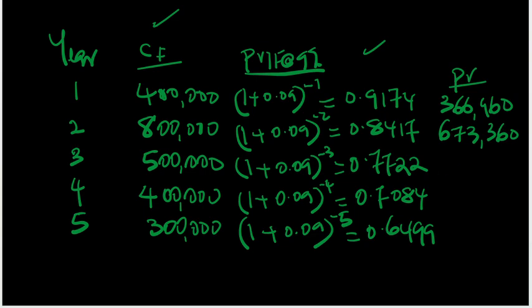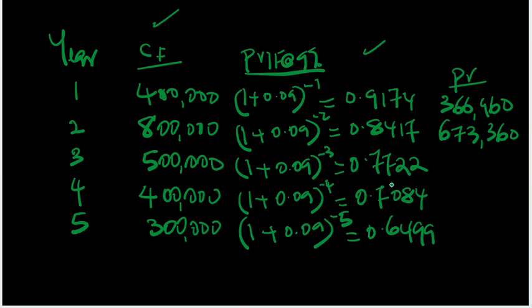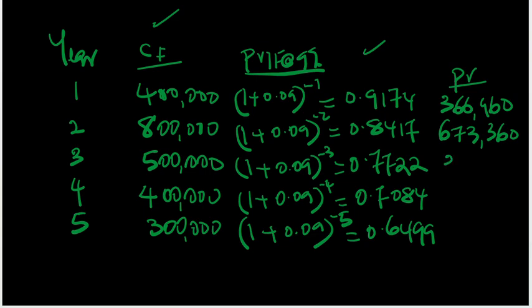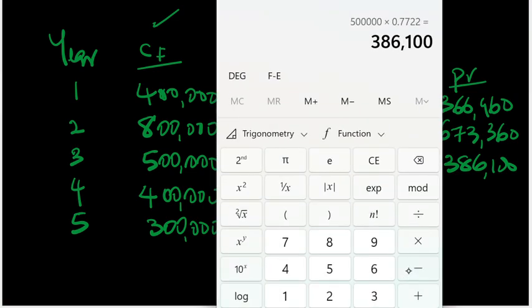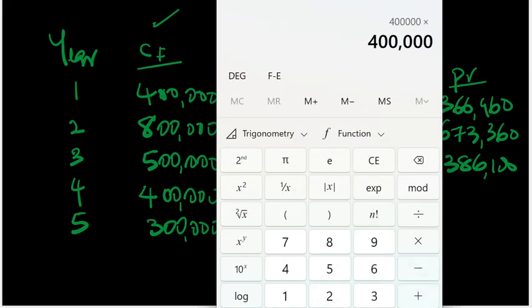The third one is 500,000 multiplied by 0.7722. That is 386,100. And the fourth one is 400,000 multiplied by 0.7084.